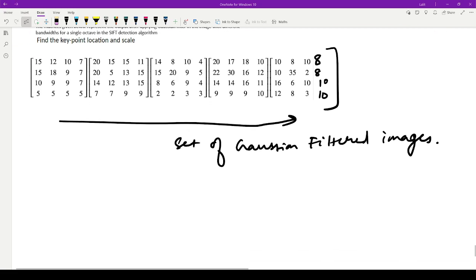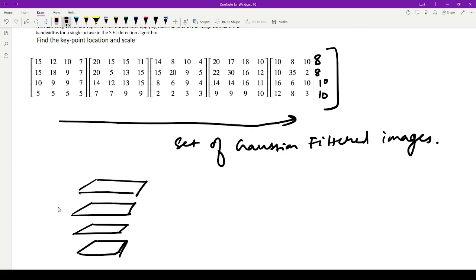If you remember the diagram, it looks something like this. So first we have the original image and then we apply Gaussian blurring up to some levels. Up to how many levels before we decrease the size of the image?